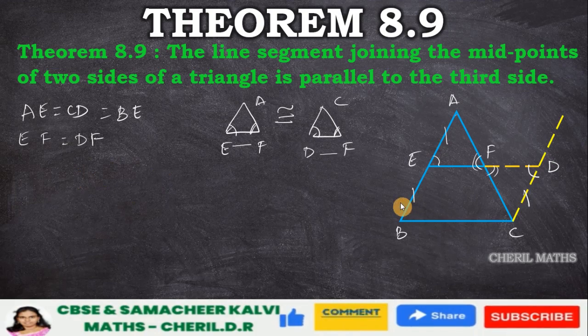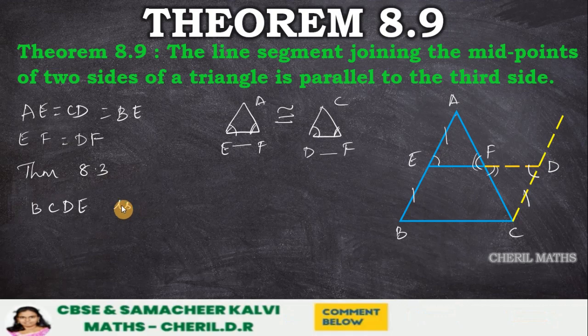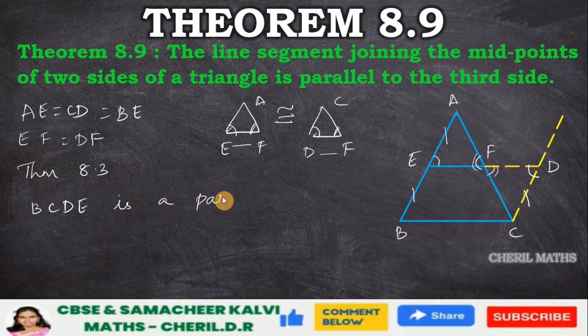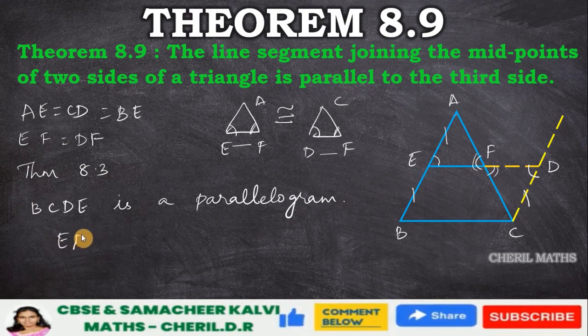If the opposite sides are equal, that is your BE is equal to CD, then by the theorem 8.3, we can say that BCDE is a parallelogram. So from this we are able to prove that EF is parallel to BC.